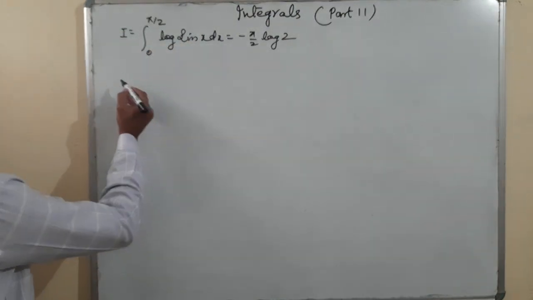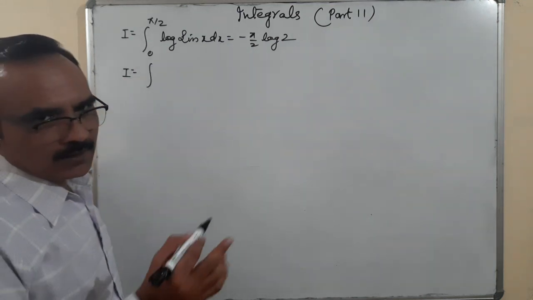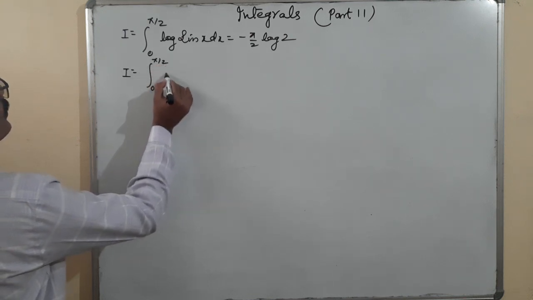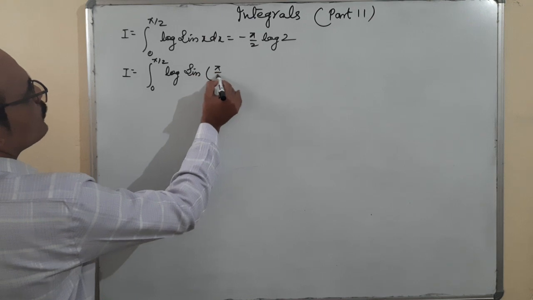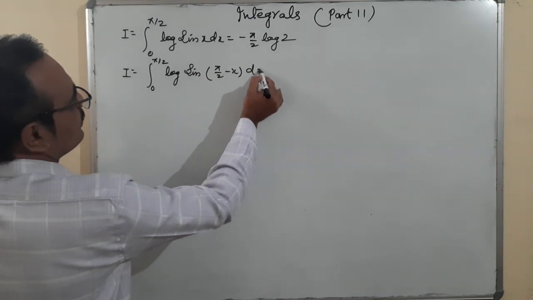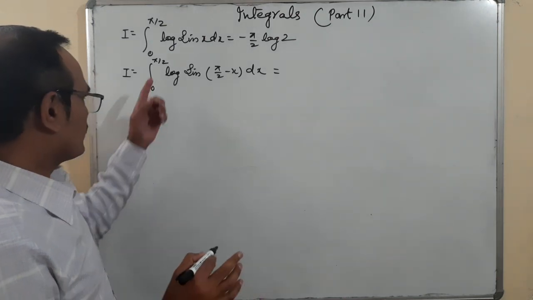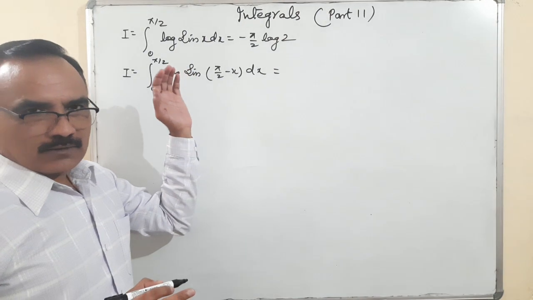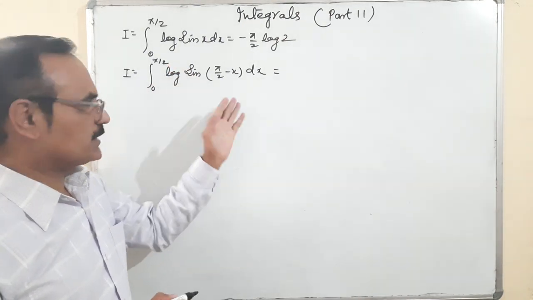I is equal to, using the property P3, upper limit minus function, the integral from 0 to pi by 2 of log sin of (pi by 2 minus x) dx. This is the property. Whether it is P1 or P3, we'll subtract the function from the upper limit, or from the sum of the limits, lower limit plus upper limit, same thing.